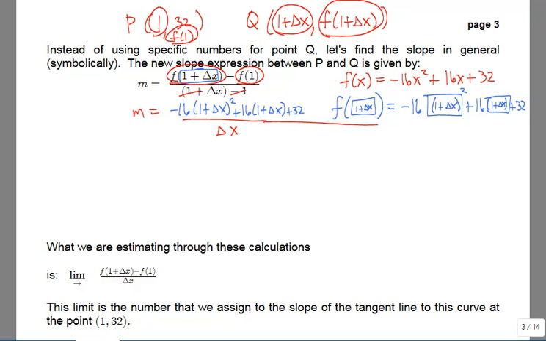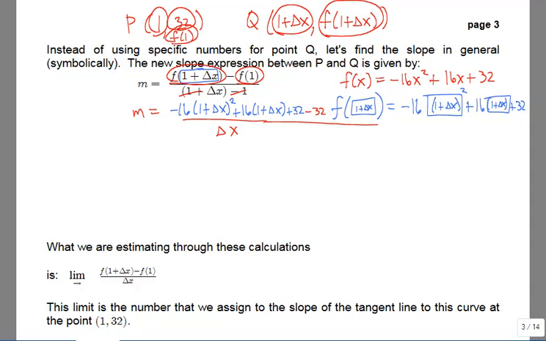You can either plug in 1 for x, or you can just remember that f of 1 is this 32. So you'll get 32 regardless of how you do it. This is what I mean by doing it symbolically. We're not actually plugging in decimals like 1.001 into our function. We're plugging in symbols, 1 plus delta x, and we're going to see what this simplifies to.